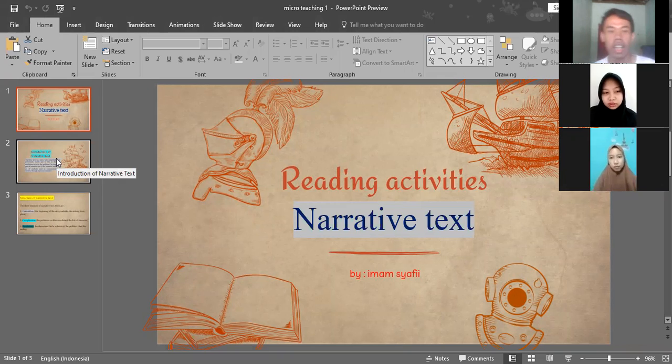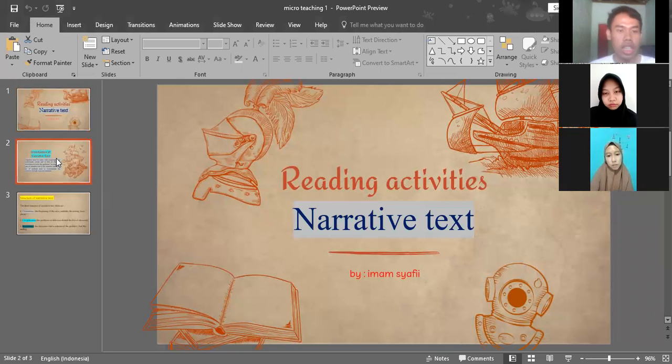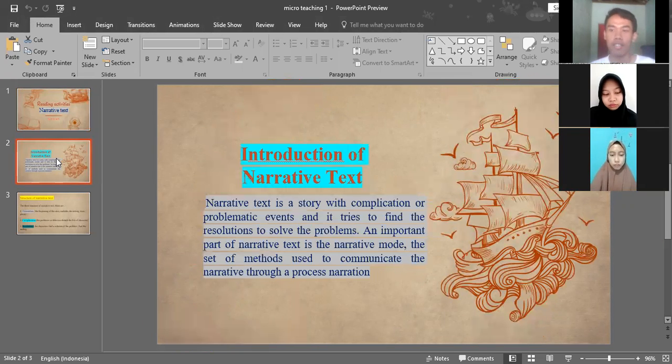Yes. In many stories or books, narrative text is there, and we can find examples of narrative text in stories, legends, and so on. So what is narrative text? Narrative text is a story with a complication or problematic event, and it tries to find a resolution to solve the problems.